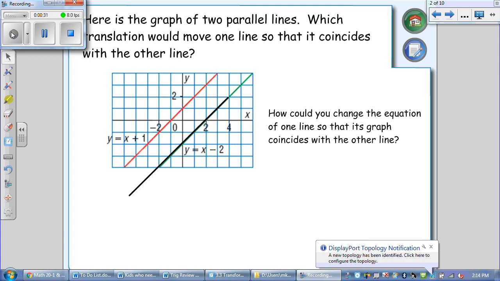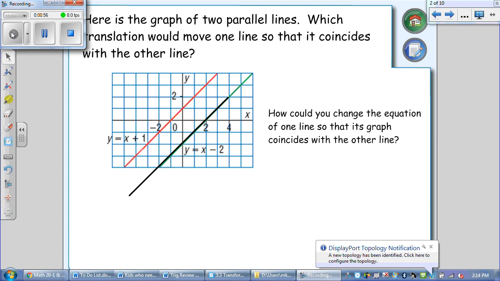If you look at this, the red line, and they're all black lines on yours, but the red line on mine, how did it become this black line? The y-intercept, so it shifted the y-intercept down.